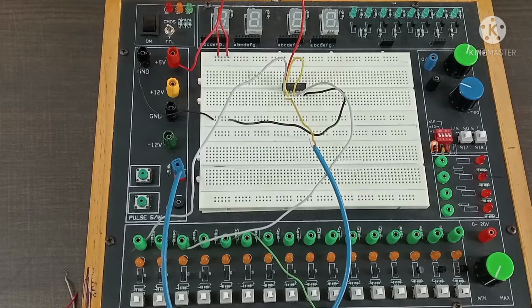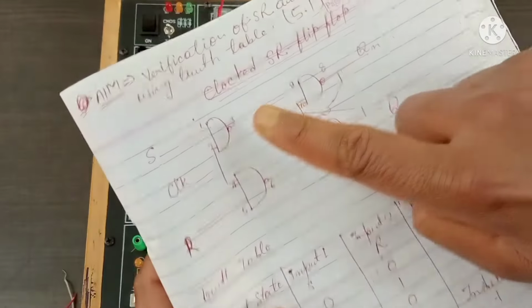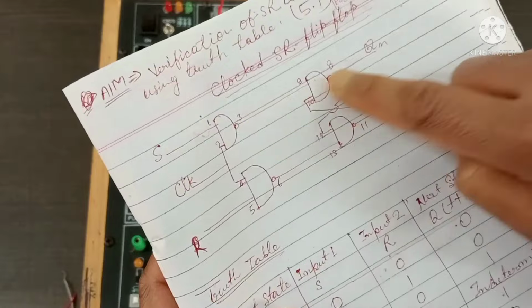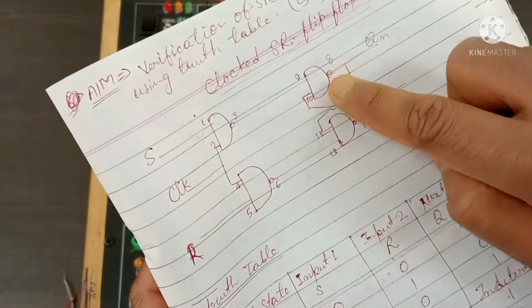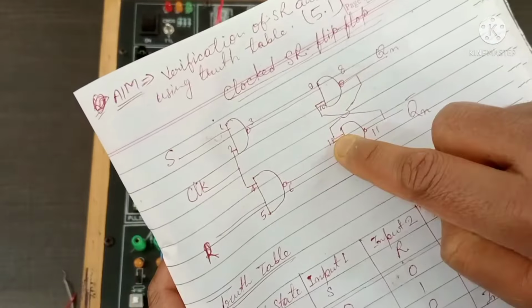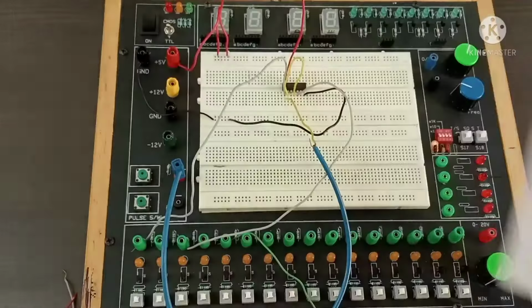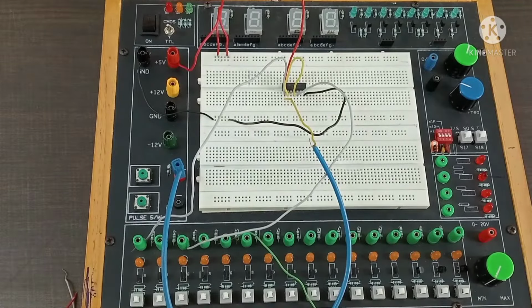Then pin number 3. I have already mentioned the pin numbers in this circuit, so that it is easy to connect. Pin number 3 is connected to pin number 9. I think I should use a long wire. So this is pin number 3, connected to pin number 9.